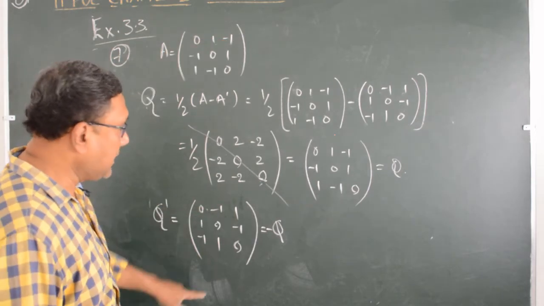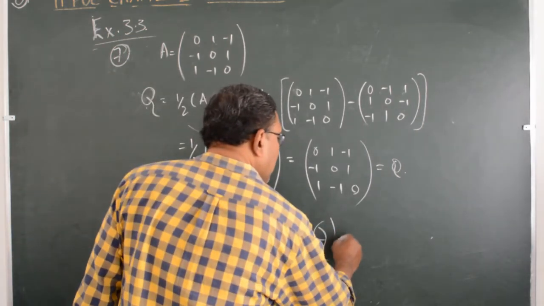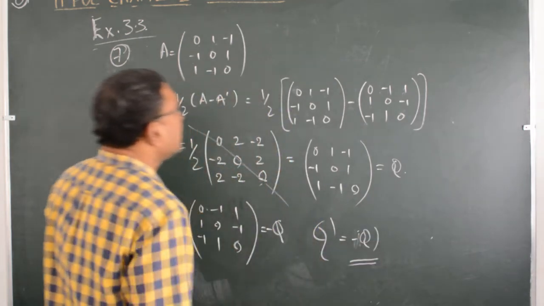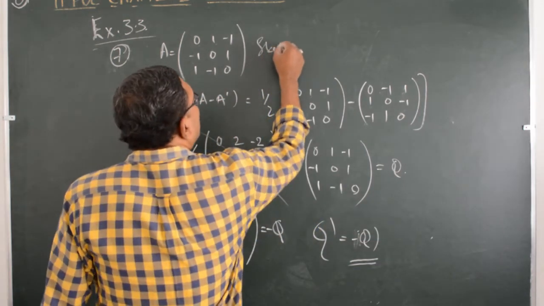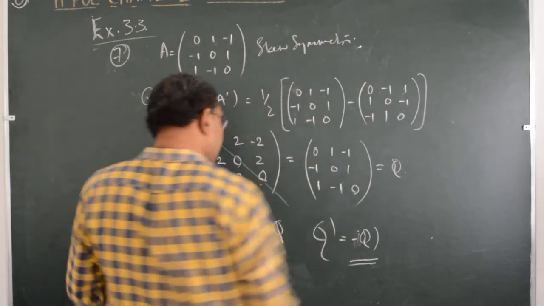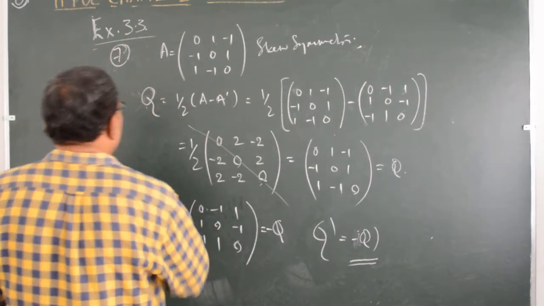Therefore Q transpose is minus of Q. Therefore, the given matrix is skew symmetric.